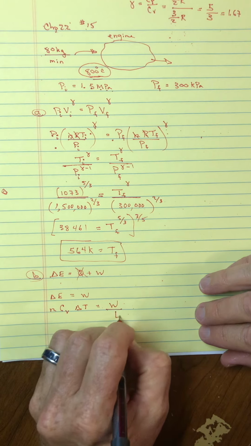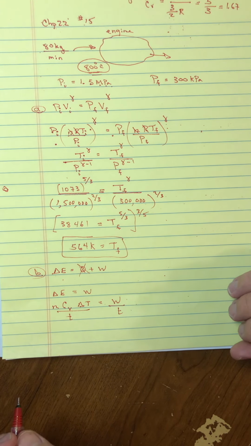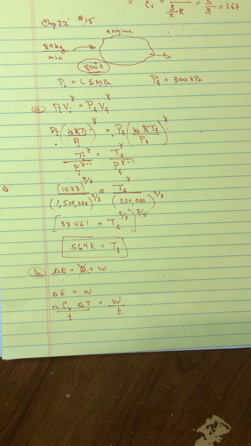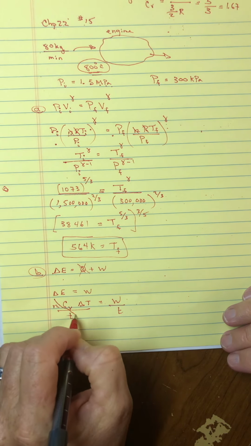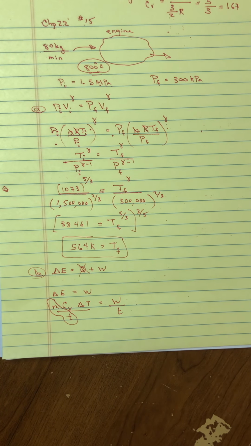Now if I divide the work by time, now I can begin to answer their question about the amount of power, because the power is this energy per time. And this right here would be the number of moles per time going through our engine.